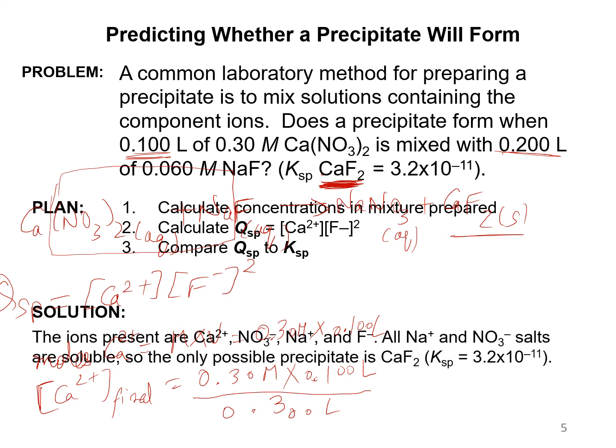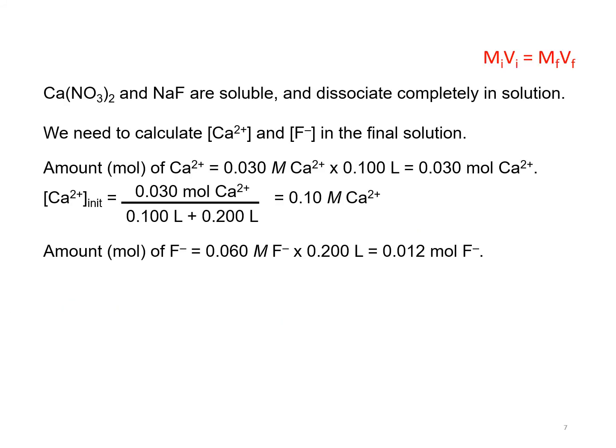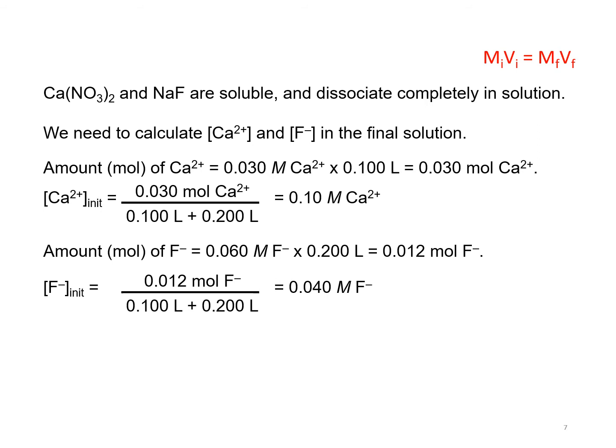So right here, the calcium concentration comes out to 0.10 molar. Similarly, we'll figure out what is the moles of fluoride ion, which is 0.060 times 0.200, which would give us these many moles. Now, moles divided by the final volume would give us 0.040 molar fluoride.